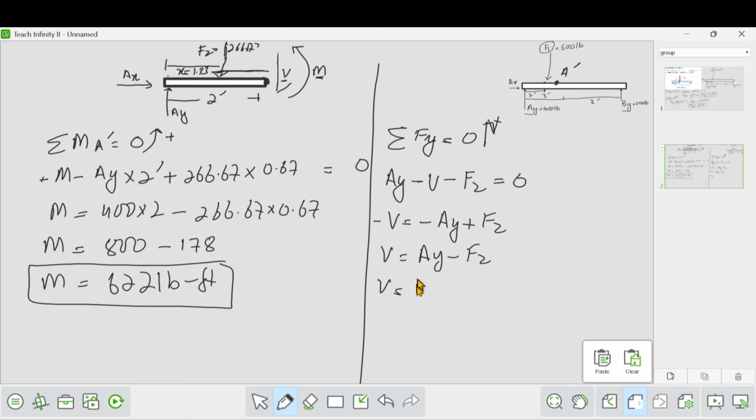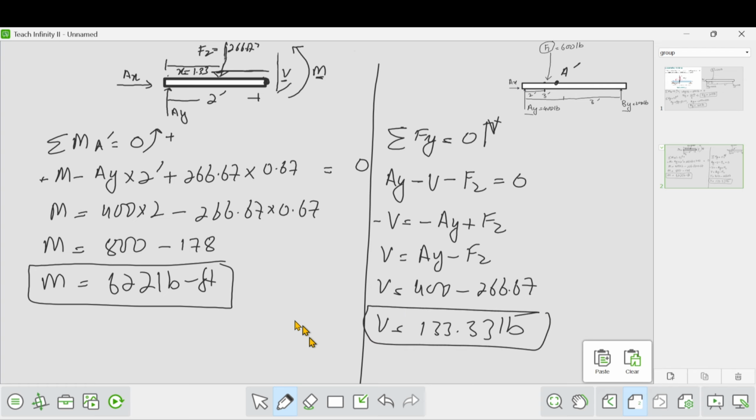So V will equal 400 minus 266.67. So V is equal to 133.33 pounds. I have found the shear force and bending moment. Bending moment at 2 feet from the right of A is 622 pound-feet, and shear force at these 2 feet from the right of support A is 133.33 pounds.